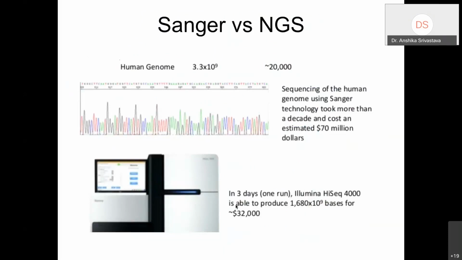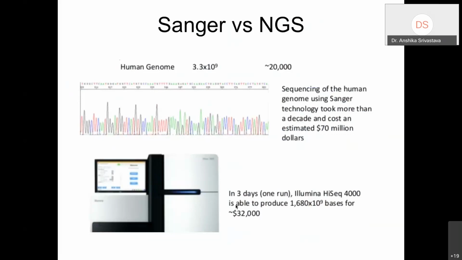But why is it more efficient when compared to Sanger? When we compare NGS with Sanger, sequencing of the human genome using Sanger technology took more than a decade, and it cost an estimated $70 million. Whereas with NGS now you can get the DNA sequenced in 3 days, and it is able to produce 1.68 x 10^9 bases.